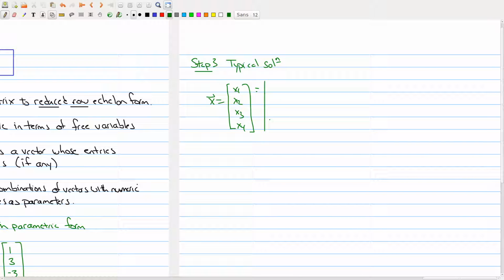And I know that x1 in terms of my free variables is 2 plus x2 minus x4. x2 is a free variable, so we leave it as is. x3 written in terms of free variables is 1 plus x4, and x4 was a free variable. So I've written my typical solution in the following way.